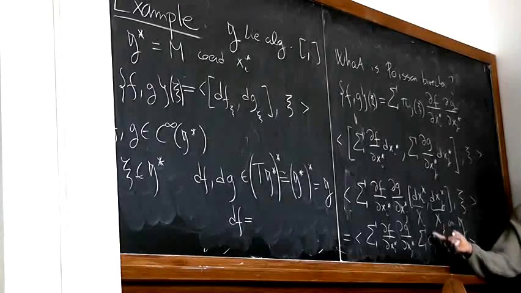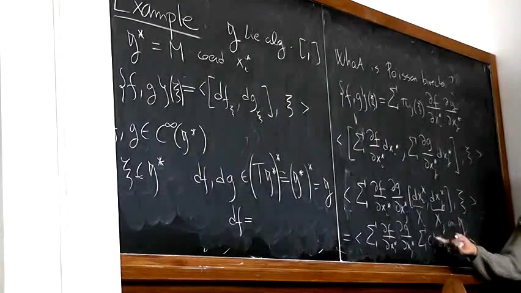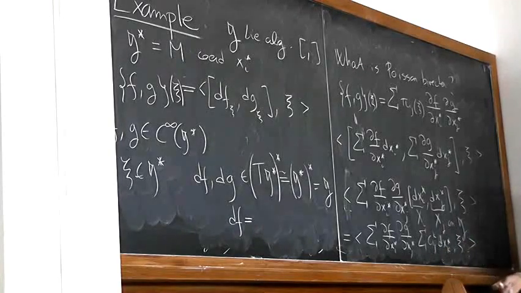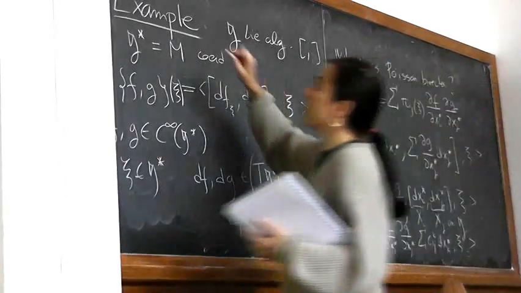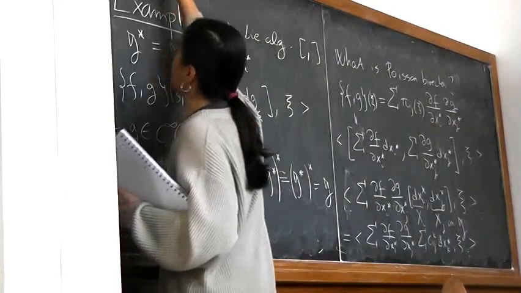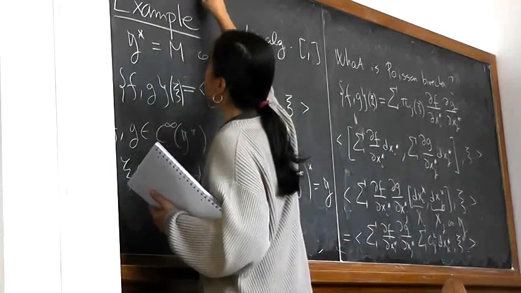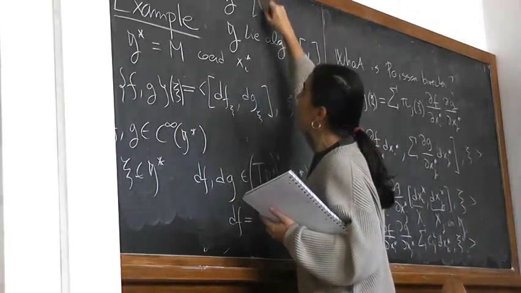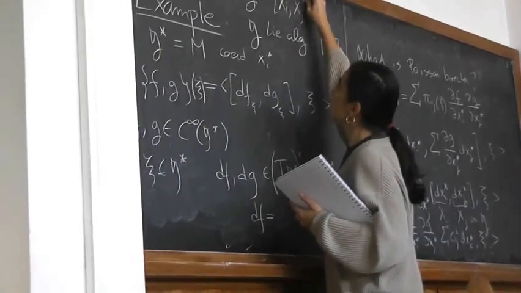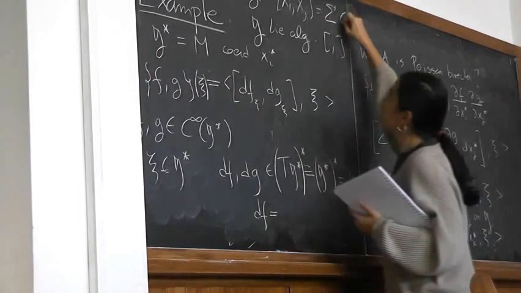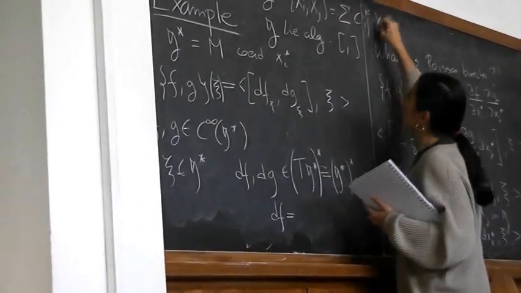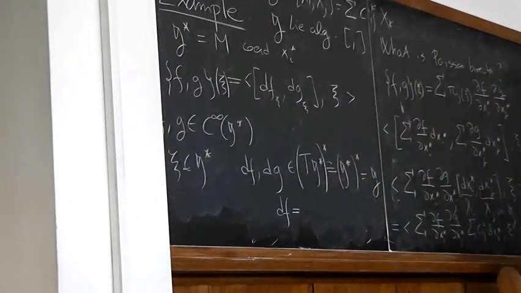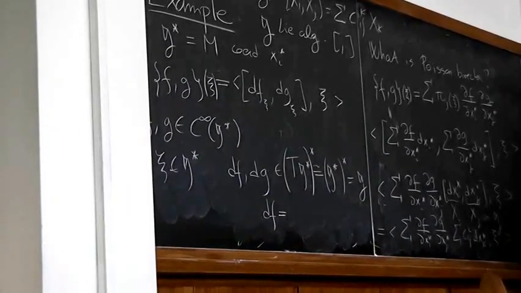Well, these are the structure constants of your Lie algebra. A little remark: if x1, ..., xn is the basis for G, we define the structure constants as follows: [xi, xj] is equal to Cijk xk. These are the structure constants.